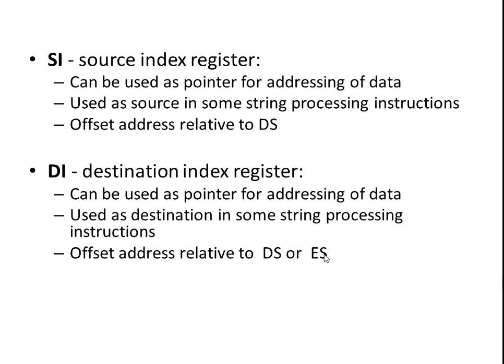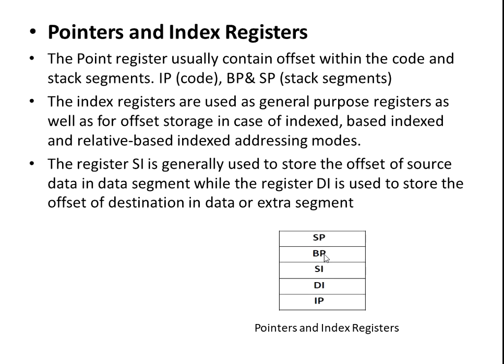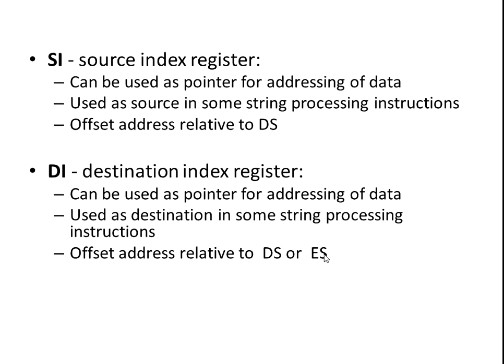Then we can see the index registers. The index registers are used as general purpose registers as well as for offset storage in the case of indexed, based indexed and relative based indexed addressing modes. There are two index registers, the source index register and the destination index register. The source index register is a 16-bit register.